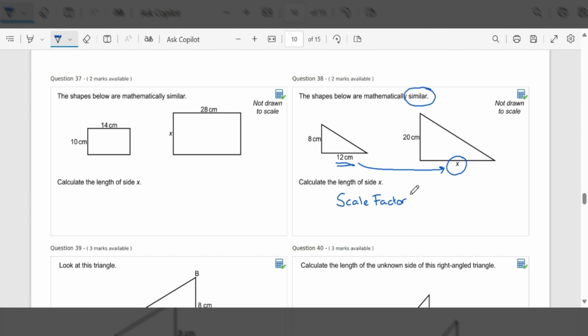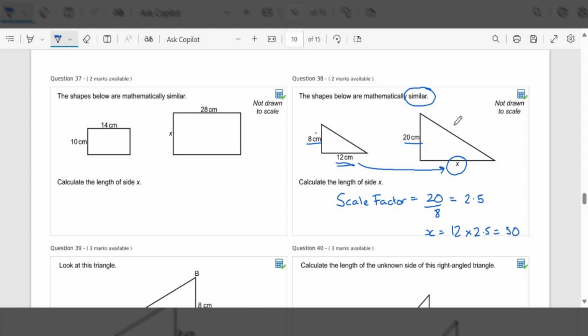And our scale factor is how many times bigger, not add or take. So how many times bigger is that than that? We'll divide the big by the small into your calculator, and that comes out as 2.5. So x is 2.5 times bigger than the 12 on the small shape, or 12 times 2.5, which is 30, I believe.